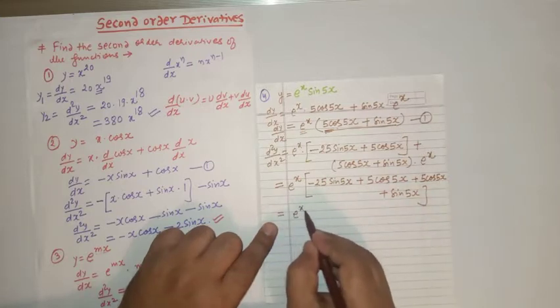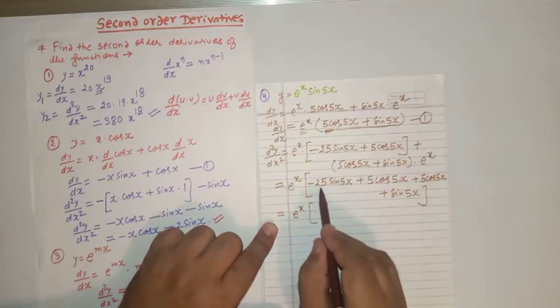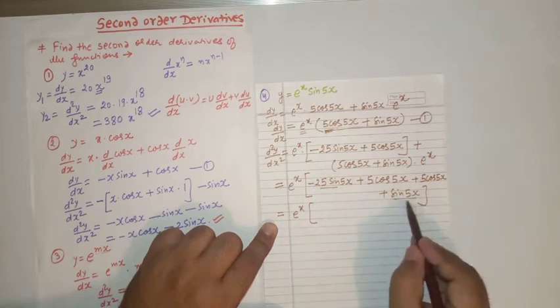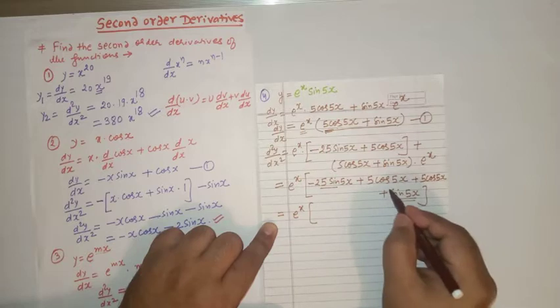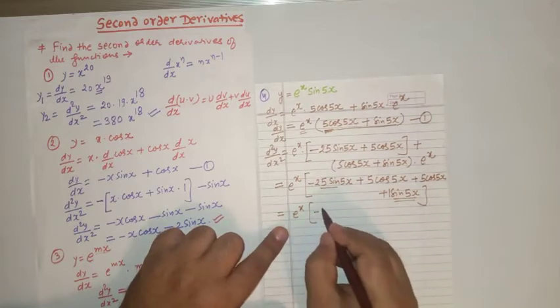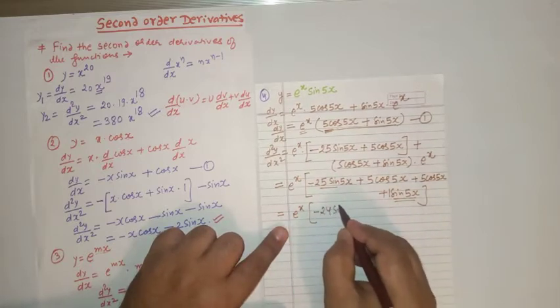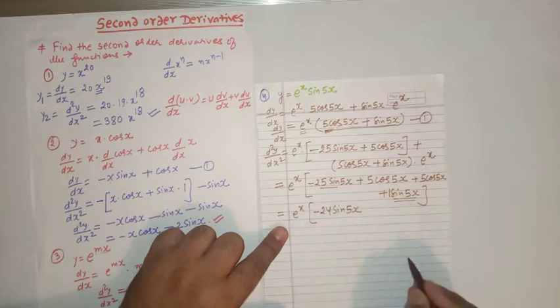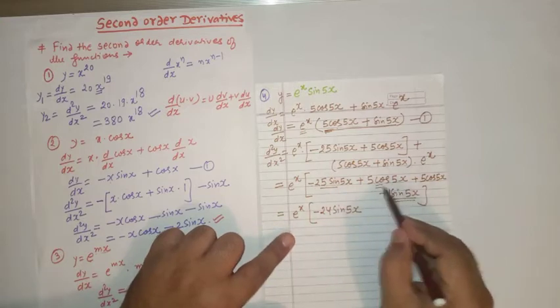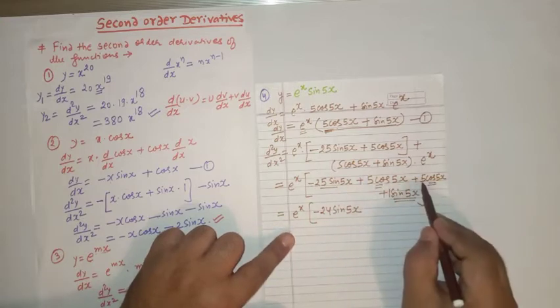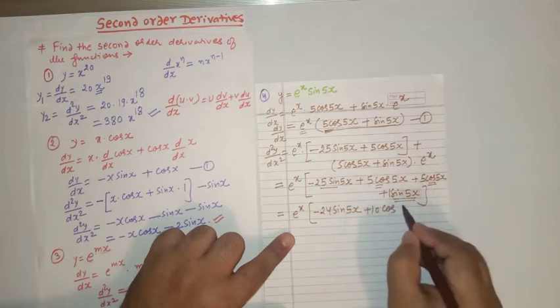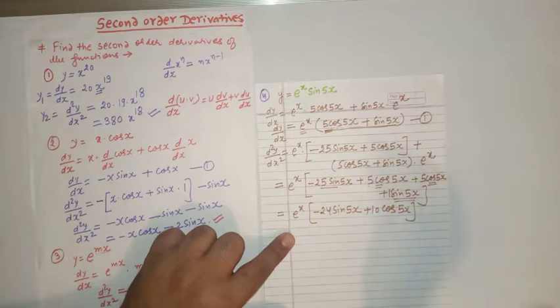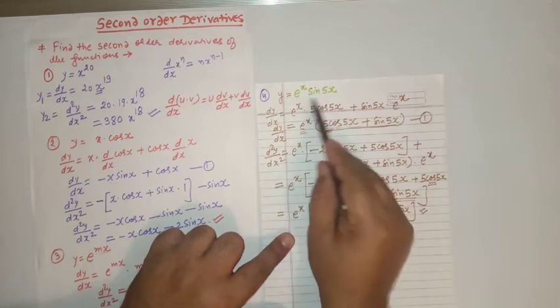Whereas this is e raised to x, and this term and this term are like terms, so we have minus 25 and here we have 1, so we can write minus 24 sin 5x, right? And these two are the like terms, so 5 and 5, 10, so we have 10 cos 5x, right? So this is the second derivative of this function.